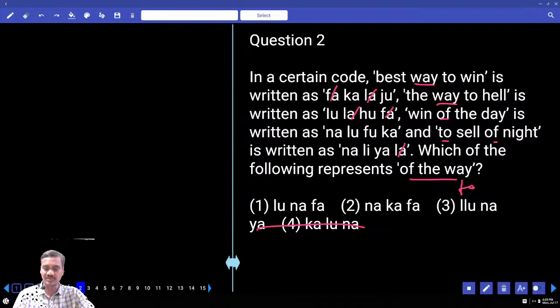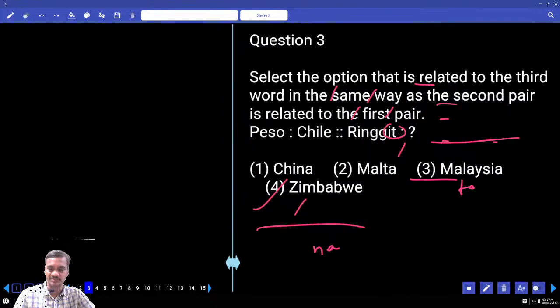And the code for this one is NA, isn't it? Hence NA. Then what is the other thing here? Now KA cannot be the code, isn't it? Now in this one, the is not there here. As the is not there, KA cannot be at this place. And what is your answer? Choice 1 is the answer. The next one, question number 3.